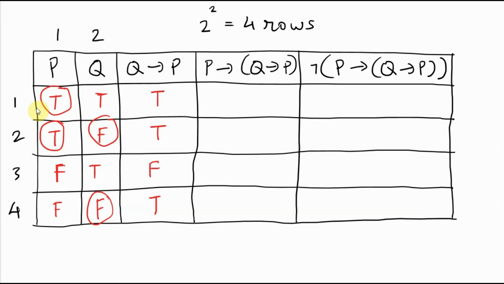Now we have to compute P implies Q implies P. So we have a Q implies P column and we have the P column.